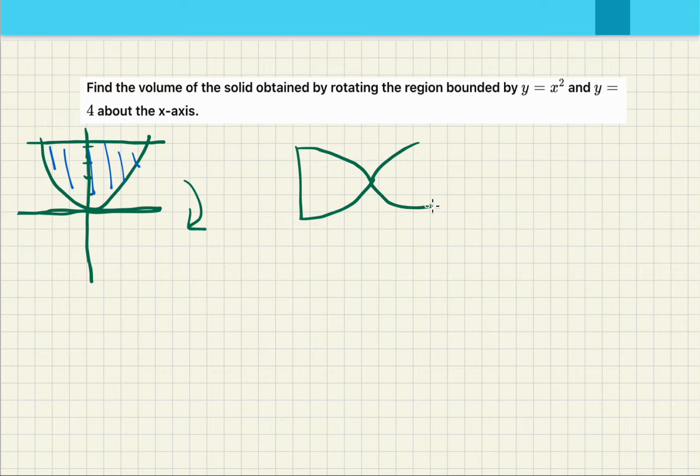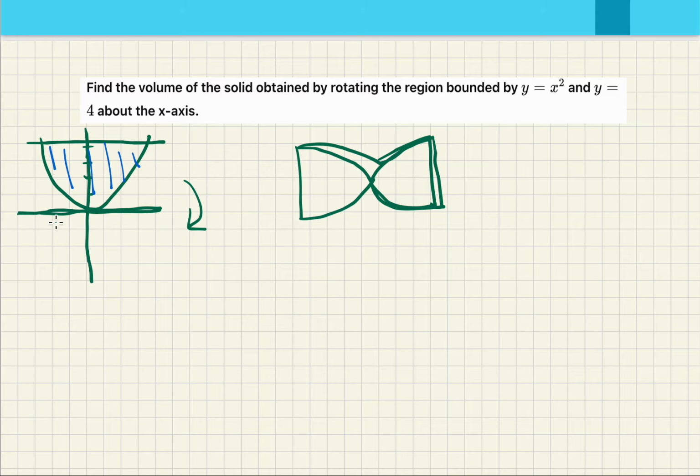And so we get a 3D figure. And so it has depth. So it's a 3D figure.